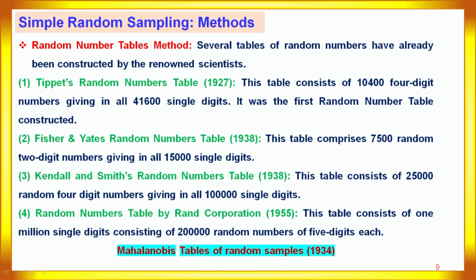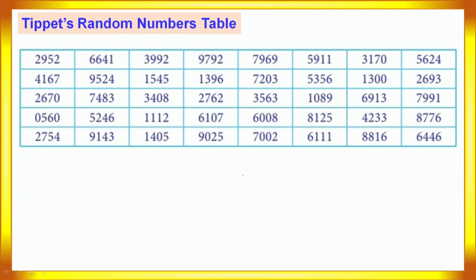In the process of using random number tables, sometimes we forget one of the renowned scientists from India who also invented a random number table at the same time as Tippett. That is Prasanta Chandra Mahalanobis. His tables are only for the knowledge of the students. This is an example of Tippett's random number table.